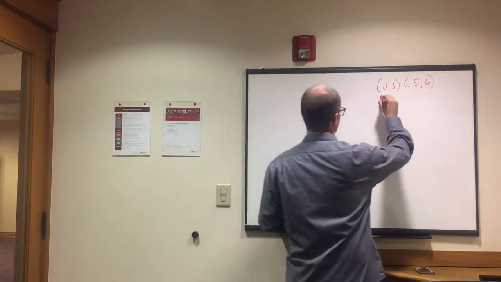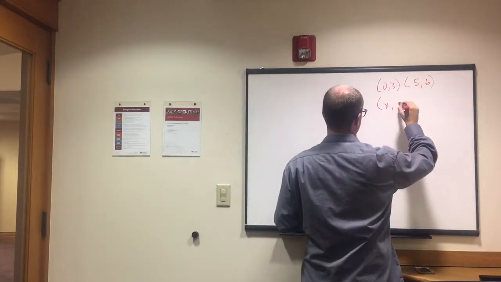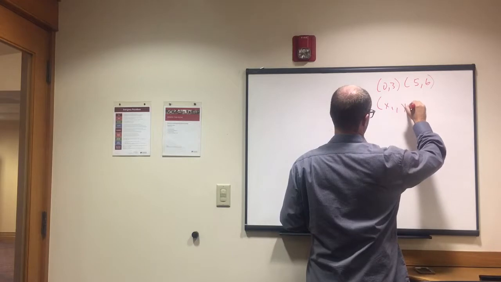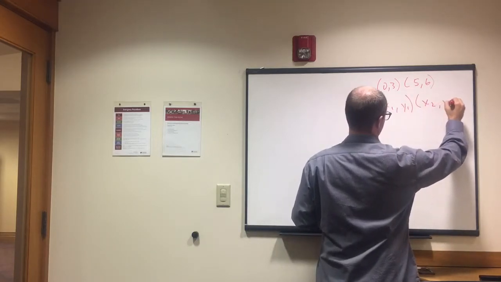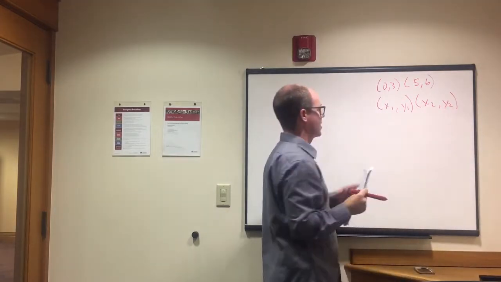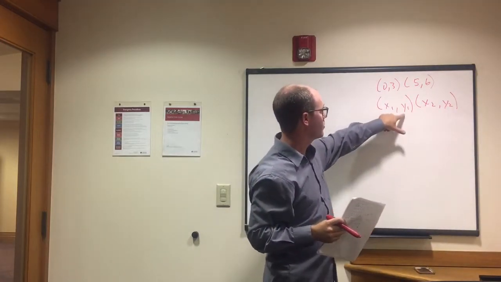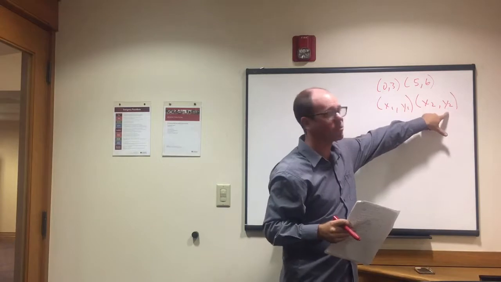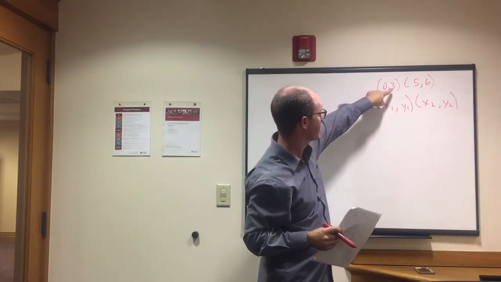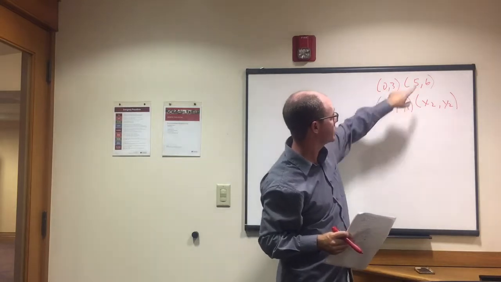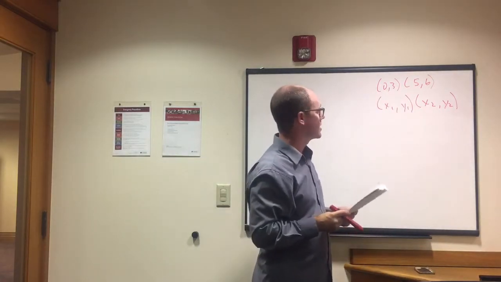And within this, it's always x1, y1, x2, y2. Okay, so the 0 is x1, the 3 is y1, 5 is x2, 6 is y2.